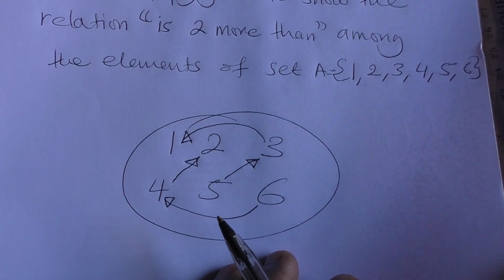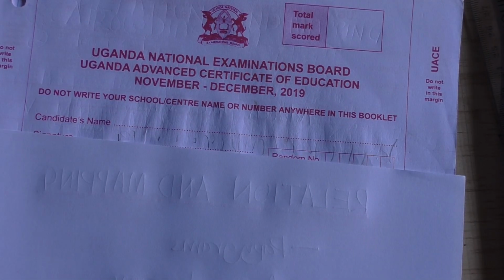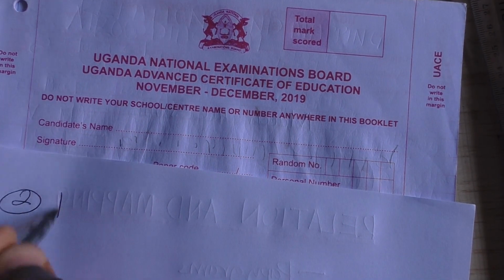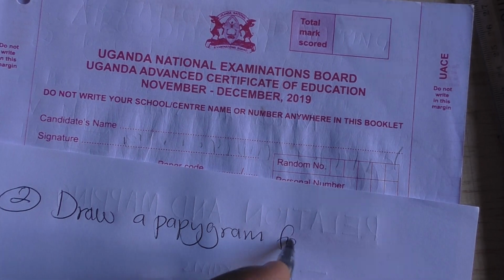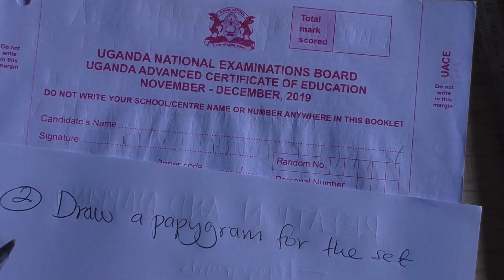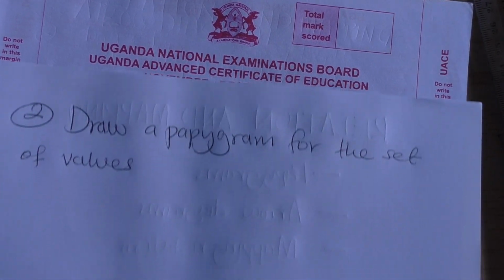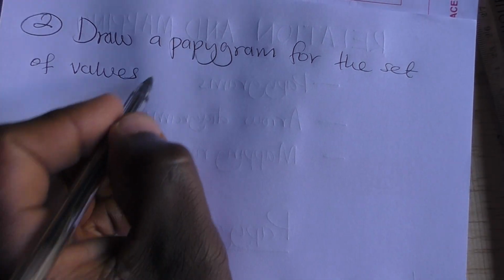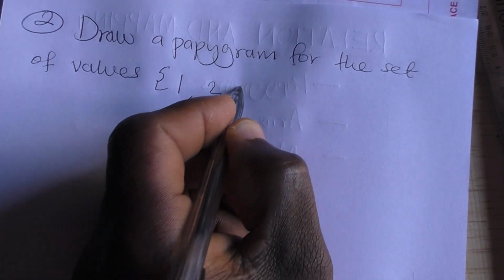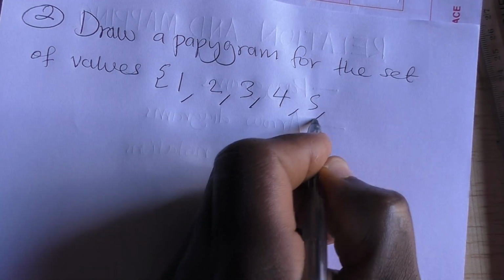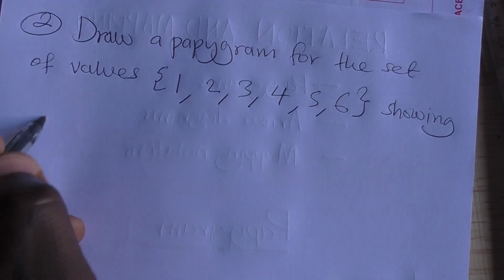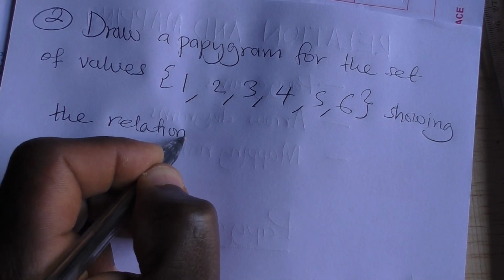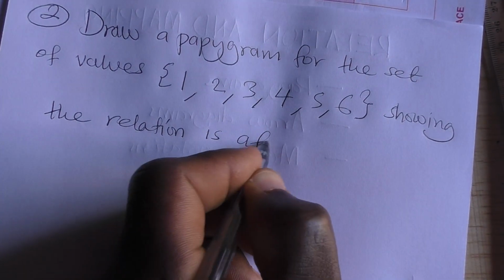Let us look at another example. We can have another question asking for a parallelogram for the set of values 1, 2, 3, 4, 5 and 6, showing the relation is a factor of.